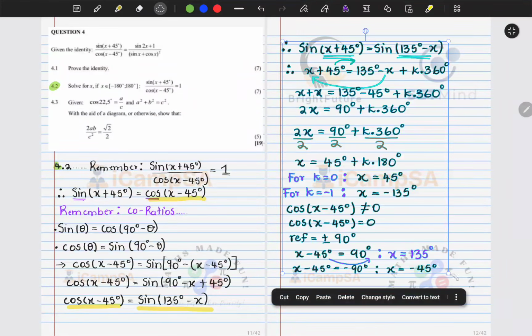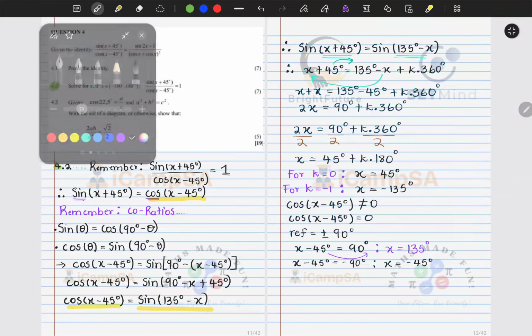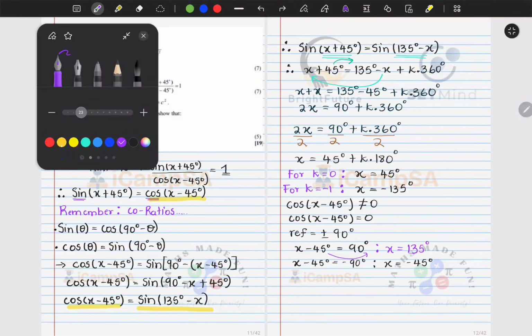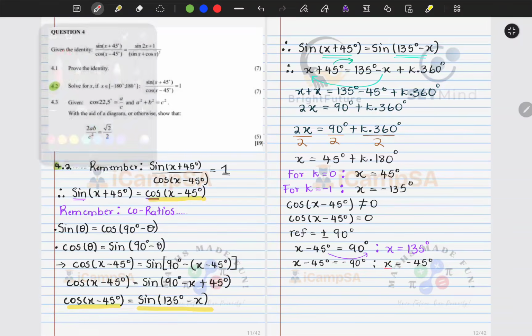So if you think carefully of all what is happening here, x can actually be an element of numbers, because remember that this and this, they are equal. So they'll be equal for all x values, if you think about it, except these ones that will result in a division by 0.